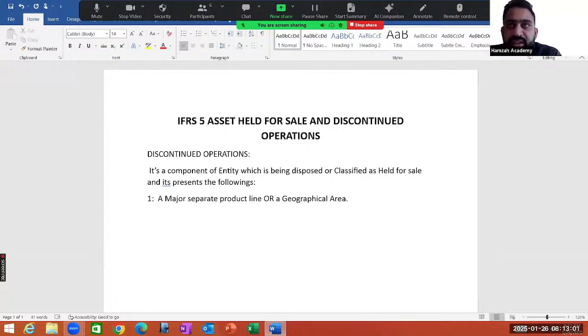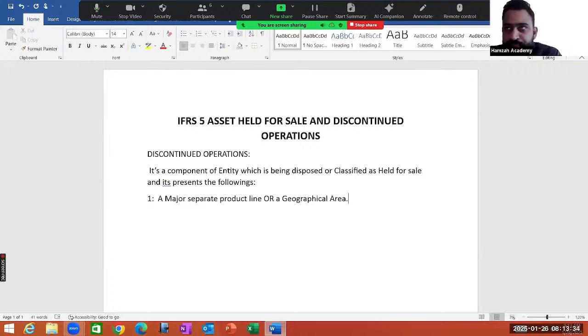So a component of the entity, you can say a segment of the entity, or in simple words, you can also relate it to a cash generating unit. And that cash generating unit or segment is either being disposed of, or if it is not yet disposed of, it is classified as held for sale.